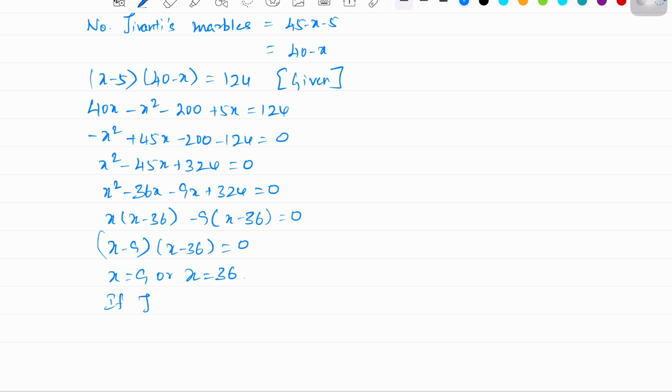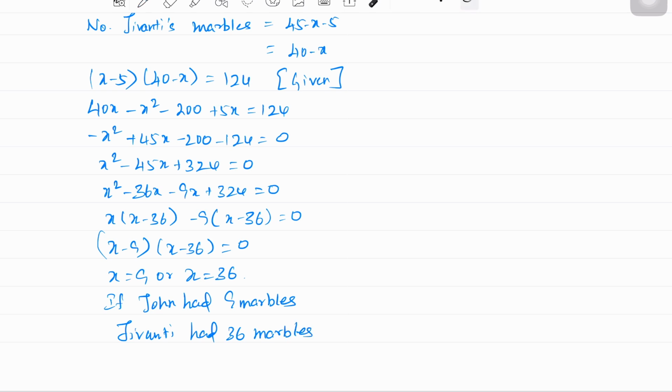If John had 9 marbles, Jivanti had 36 marbles. So even if you consider John's as 36, this is one solution.